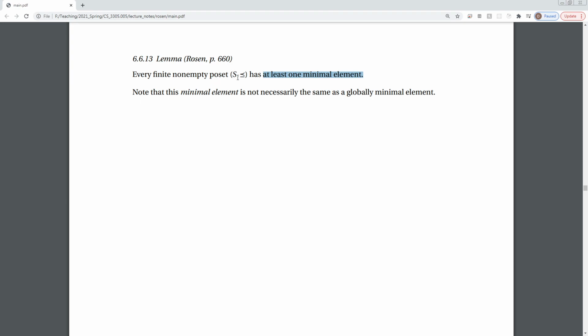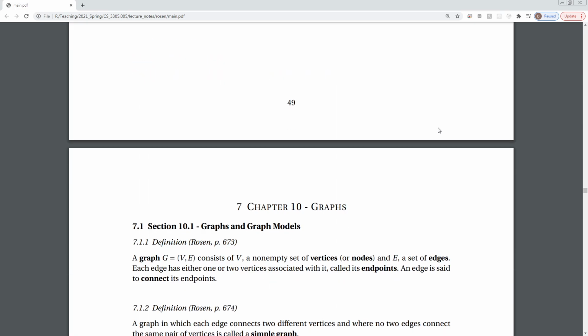If none of them compare, then the entire collection is the least. They are all minimal elements and all maximal elements. Anyway, note that this minimal element is not necessarily the same as the global minimal element.